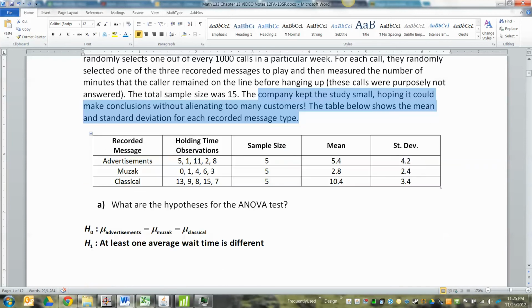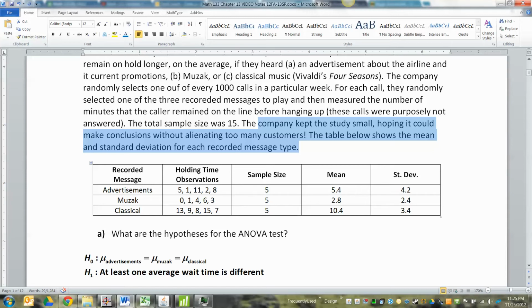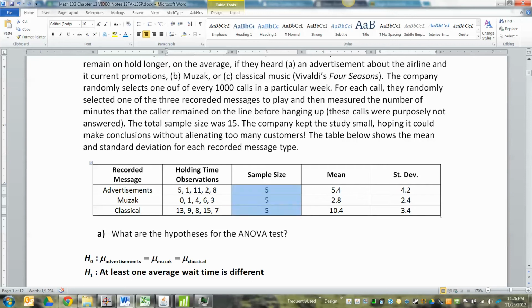They just played, right? So, for example, for the advertisements, somebody waited 5 minutes before hanging up, 1 minute before hanging up, 11 minutes before hanging up, and so on. Music, 0, 1, 4, 6, 3, right? Classical, somebody waited 13 minutes, somebody waited 9 minutes, somebody waited 8 minutes, somebody waited 15, and so on. So they each had 5 people in their groups, these poor 15 people total that were never, ever going to get answered.